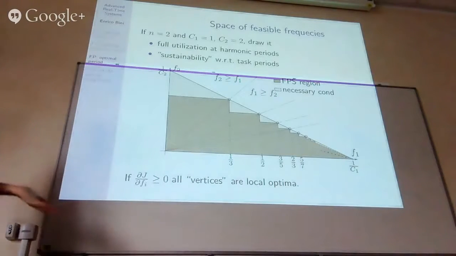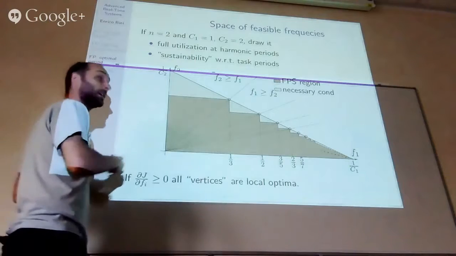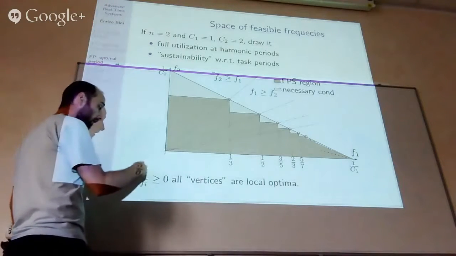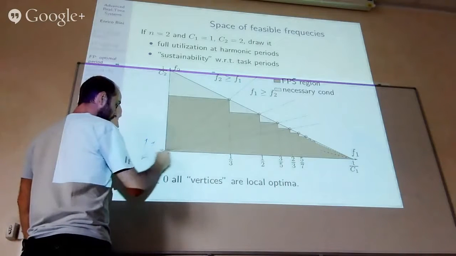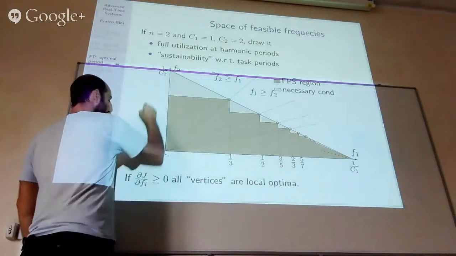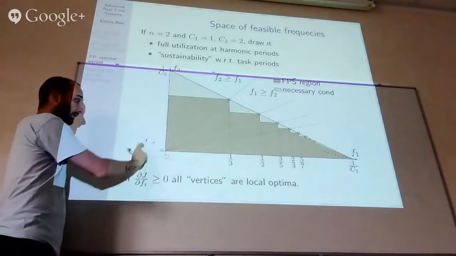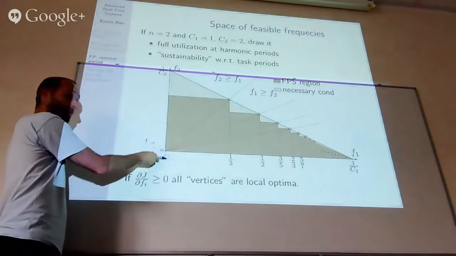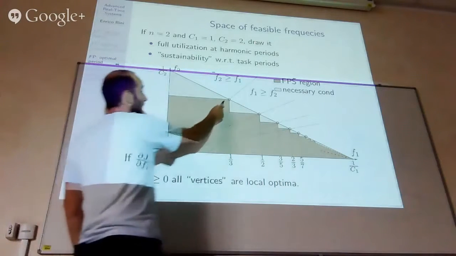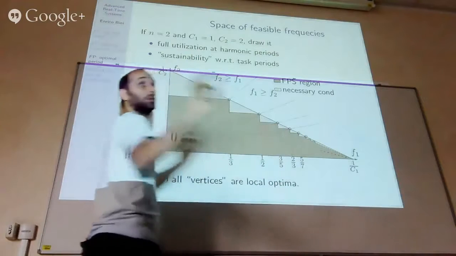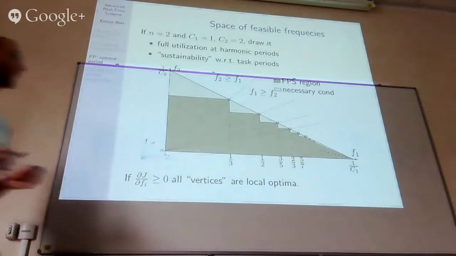This is a kind of geometrical, natural way to see it, because this property implies that the gradient of the performance is always in this cone, because both components have to be positive. And if the gradient has always to be in this cone, all those points are always local optima. No doubt about that.